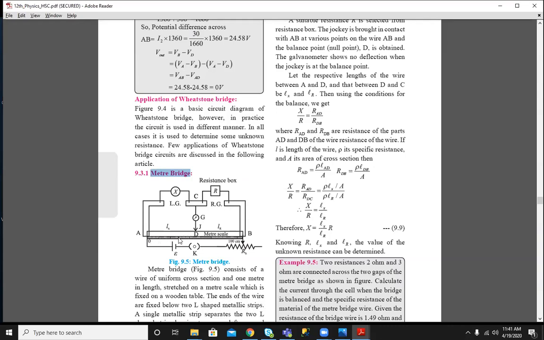That's why the bridge is called a meter bridge, because it uses a wire of length 1 meter.